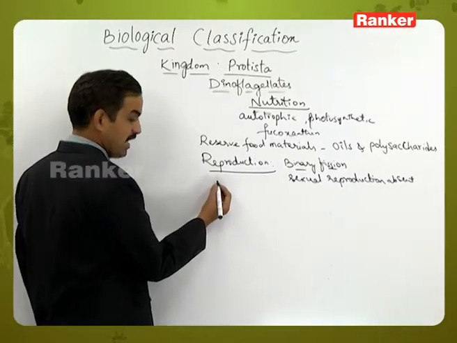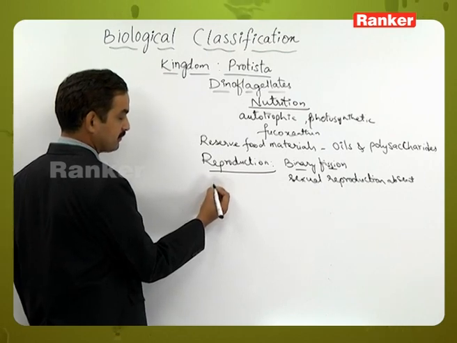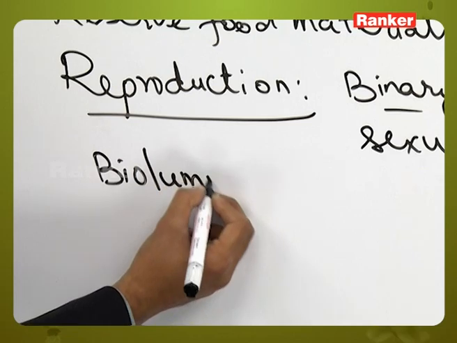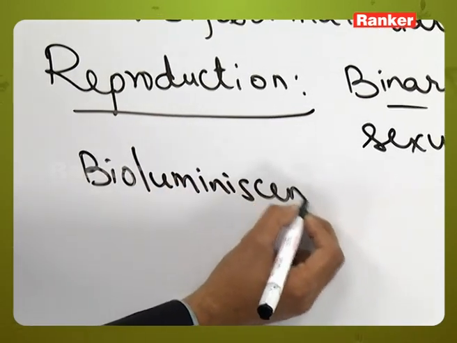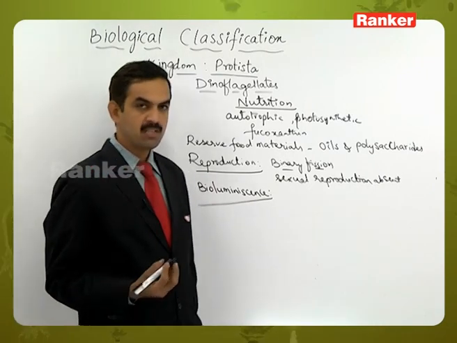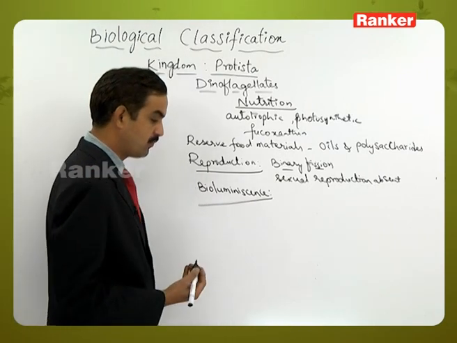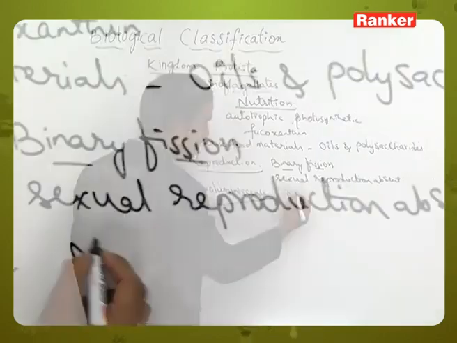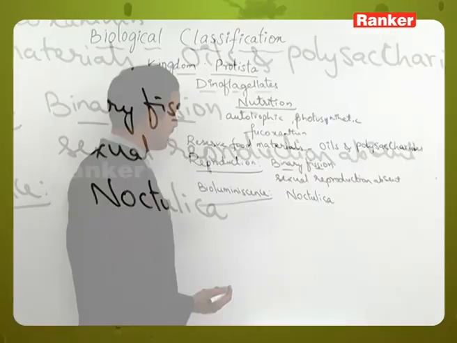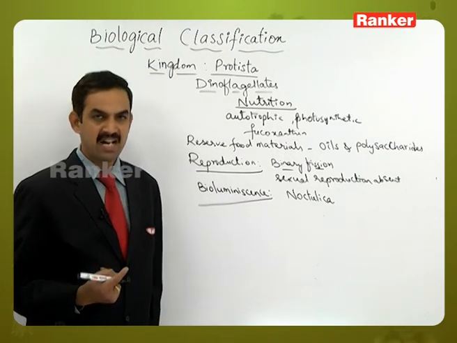Then they have a special feature, that is bioluminescence. The bioluminescence property is exhibited by some members like Noctiluca. That is the ability to emit light.